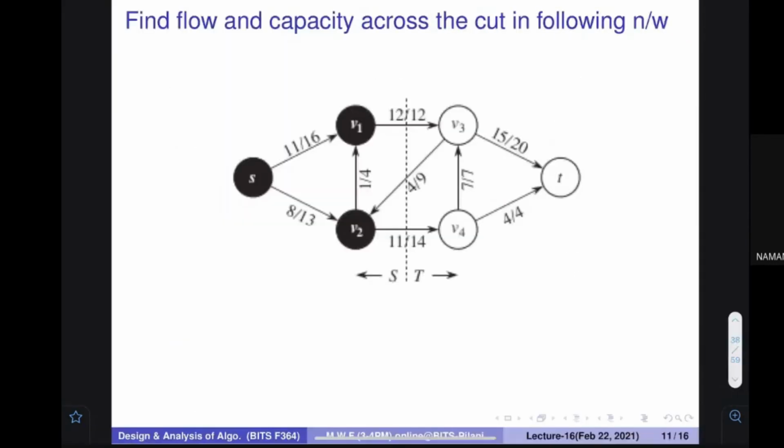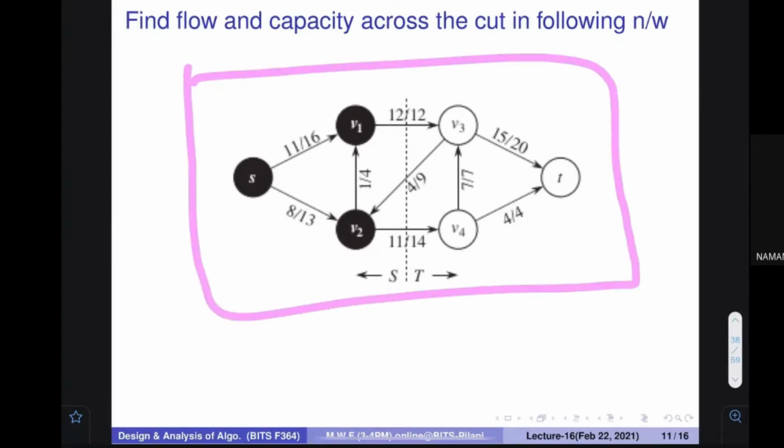So let's come here and assume that this is the flow network. You can see that 11 is flowing here, 12 is flowing, 15 is flowing, capacity is 20, capacity is 12, capacity is 16. You all understand this thing.